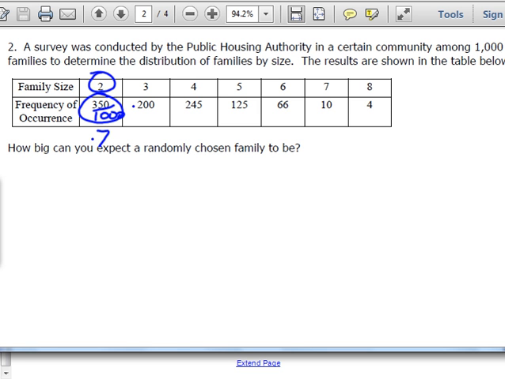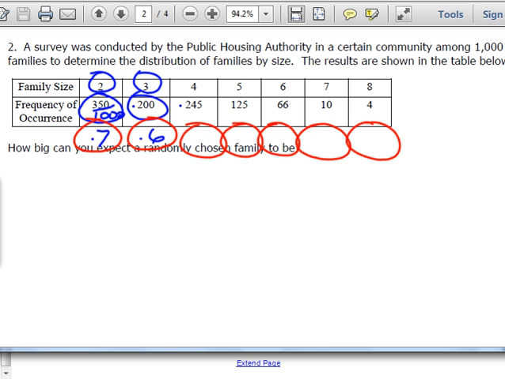This times this will give me 0.6. 0.245 times 4, etc. And then what do you think I do with all of these numbers? Add them all up. I will be able to figure out what my total is, and that'll tell me if I grabbed a random family, how many kids they would have.